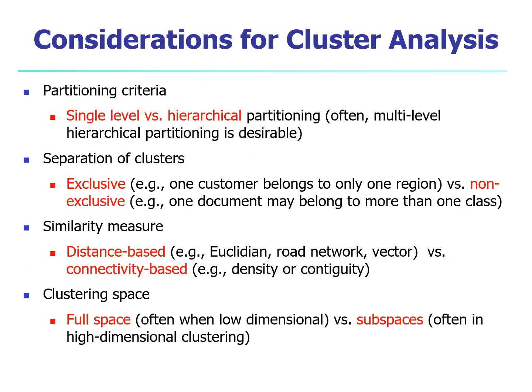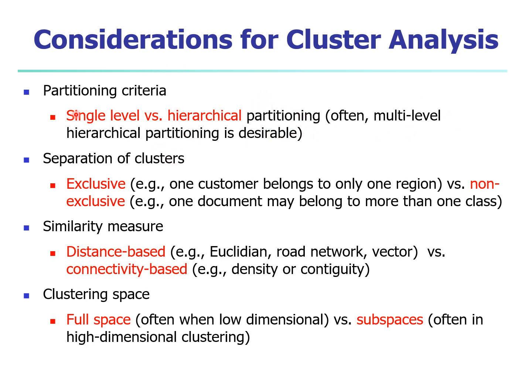Now, when we talk about cluster analysis, we said that we have different ways. First of all, when we talk about clustering as a partitioning method, we need to discuss what the partitioning criteria are. How are we partitioning the objects? Do we have a single attribute that we're partitioning the objects on, or do we have hierarchical partitioning?